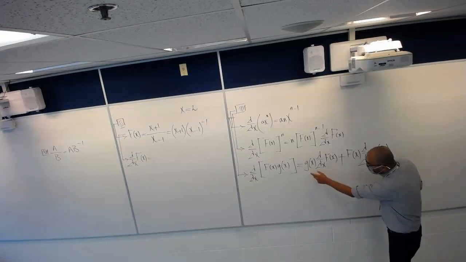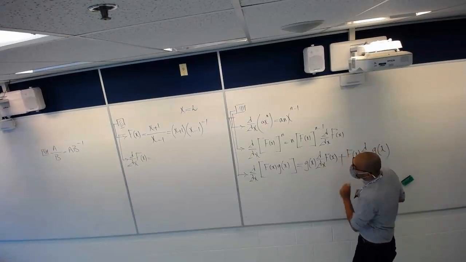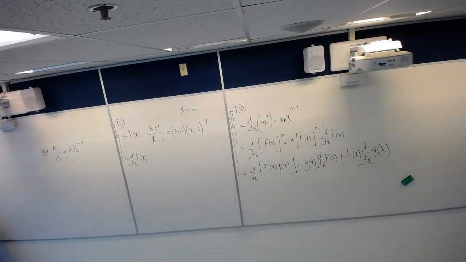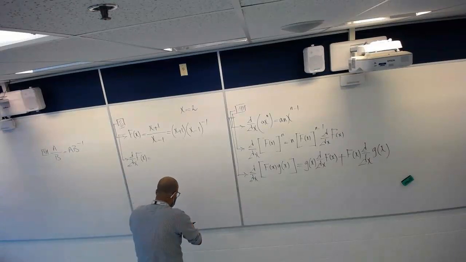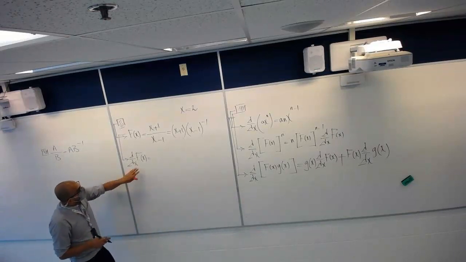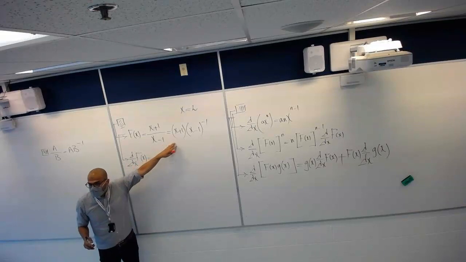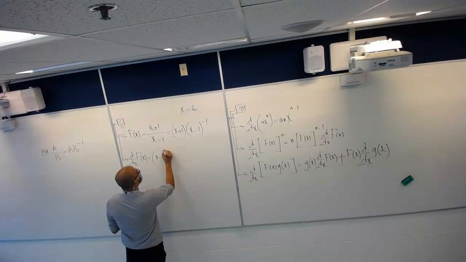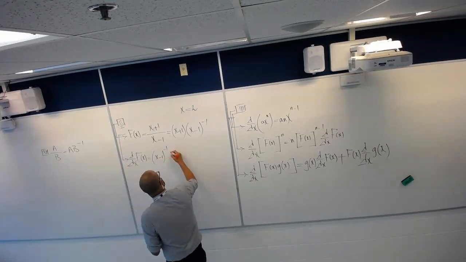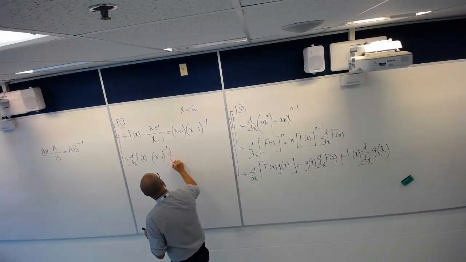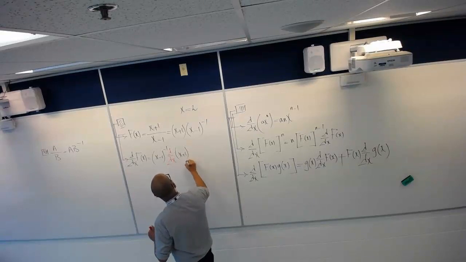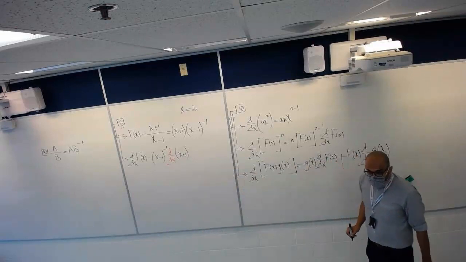I say the derivative of the first function times the second one, it means that x minus 1 to the power minus 1, derivative of d over dx of x plus 1. What have I done so far?